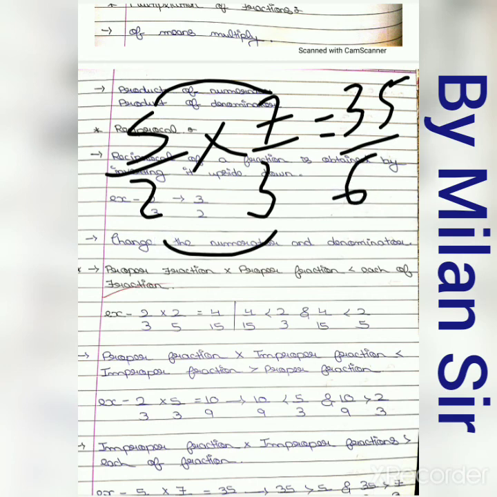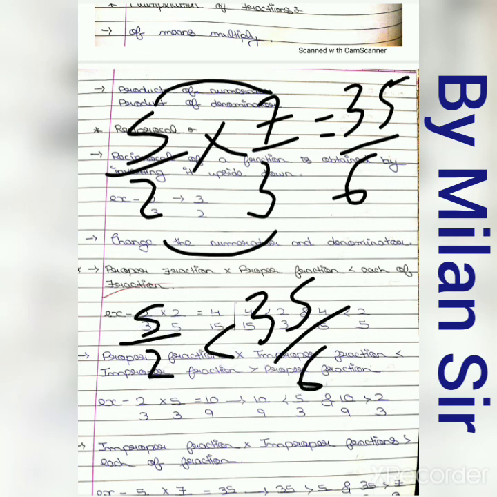In this condition our answer is greater than each fraction. That means our answer is greater than 5 by 2, and also greater than 7 by 3. If we multiply improper fraction and improper fraction, then our answer is always greater than the fractions in the question.